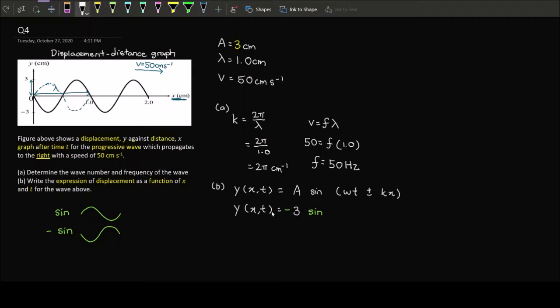Okay, so we follow up with the substitution of omega. Do you have omega? If you know, well, let's just find it then. Omega equals 2 pi f. Then 2 pi times 50 hertz. Then it's just 100 pi radian per second.